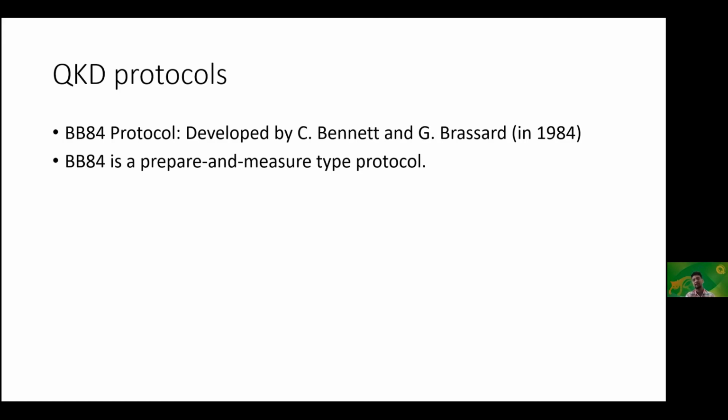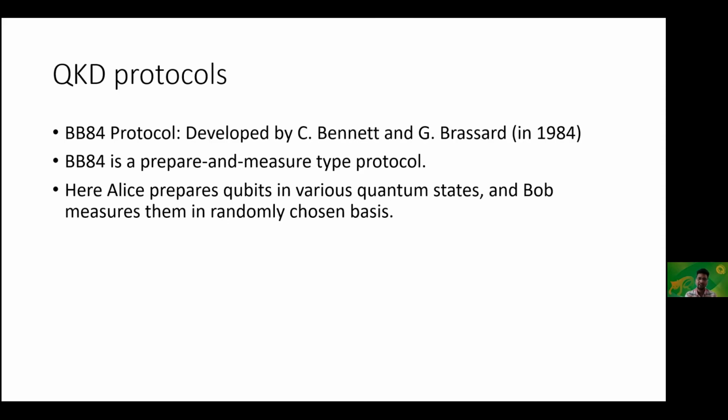You might already know from the last few lectures that quantum states can be prepared, and there is such a thing as measuring quantum states. In BB84, Alice prepares various quantum states, writes down which state she prepared, and then sends this prepared message, qubits, to Bob.